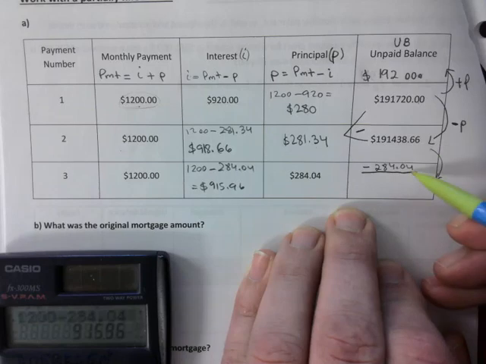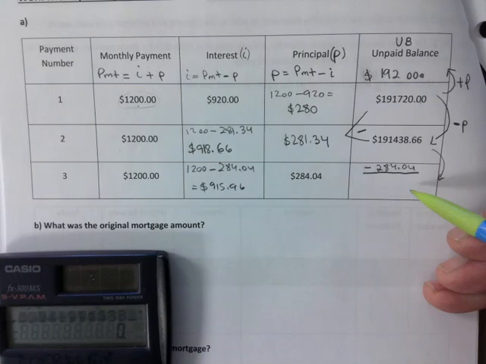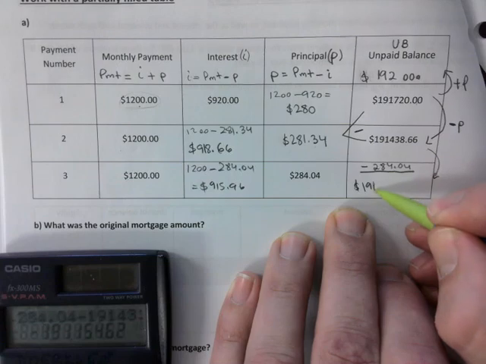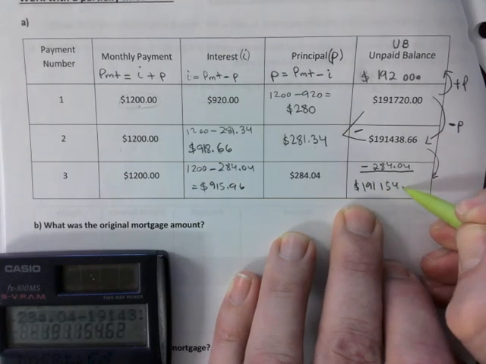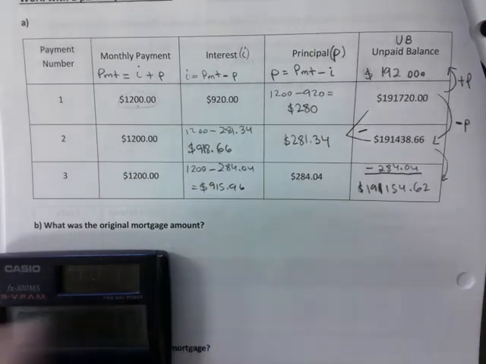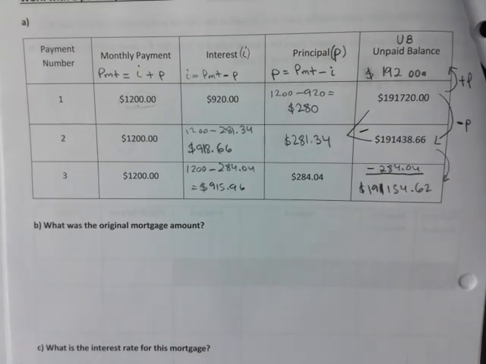We subtract it from that. It's 191,154.62. Always have dollar signs everywhere.